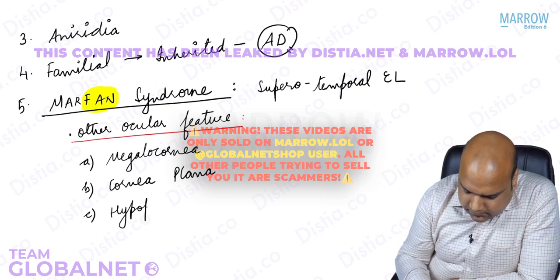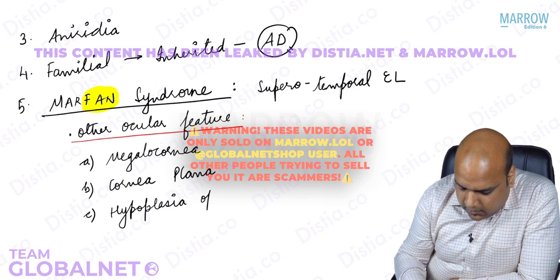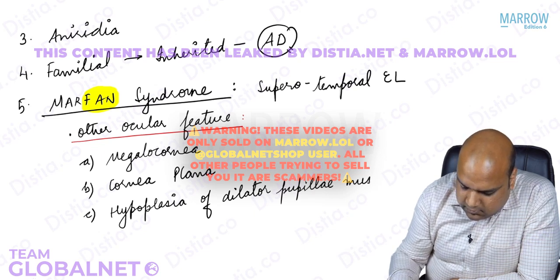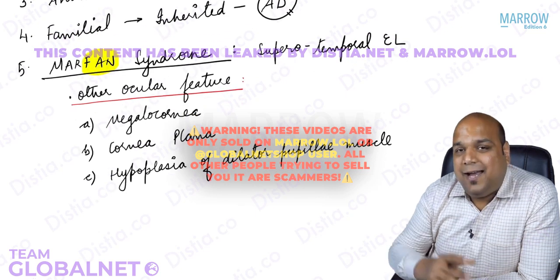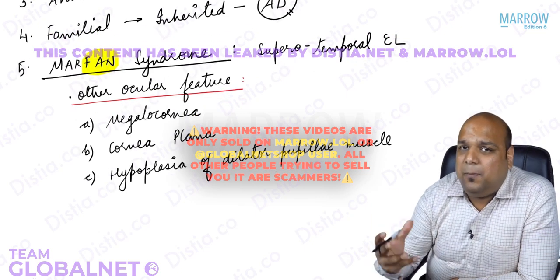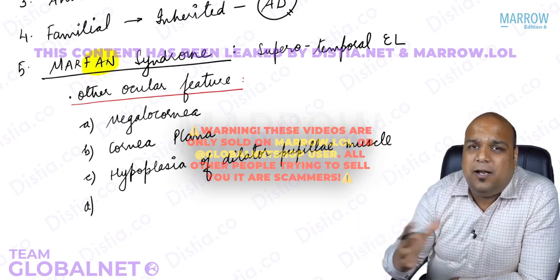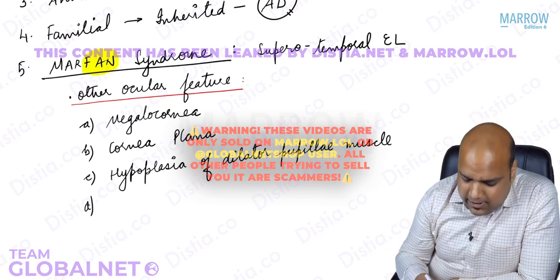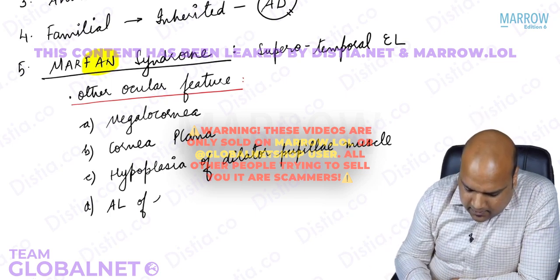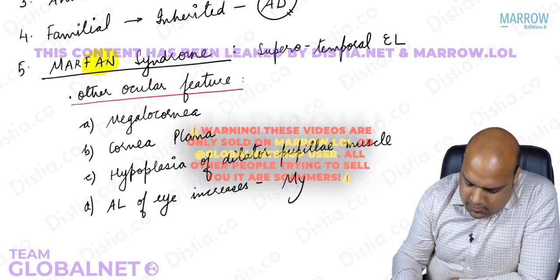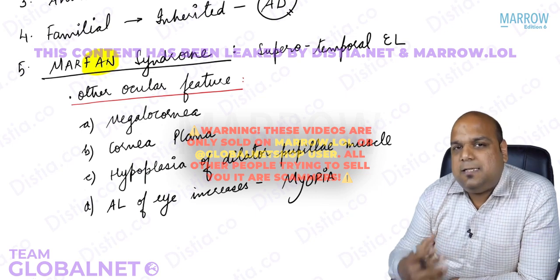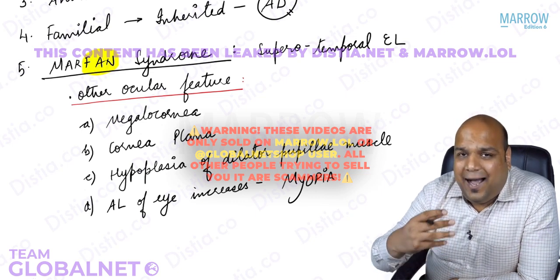Hypoplasia of dilator pupillae muscle. So pupil dilatation is not present properly or completely. And lastly, I hope you understand Marfan syndrome, everything becomes tall and large. So the eyeball also becomes large. So the axial length of eye increases. When the axial length of eyeball increases, it leads to myopia. So these patients are highly myopic.